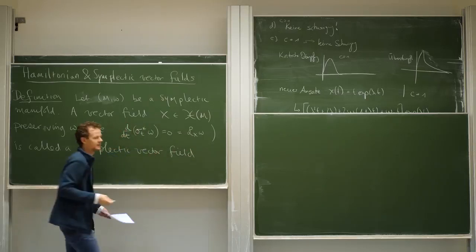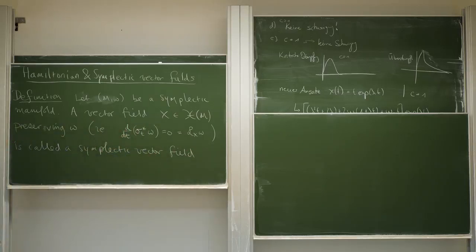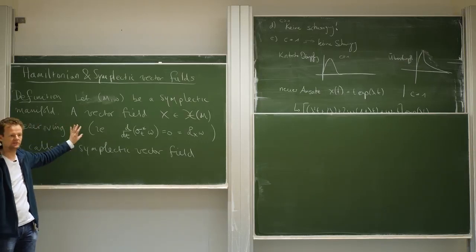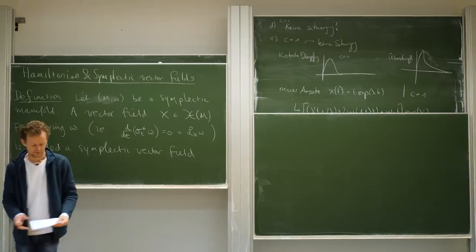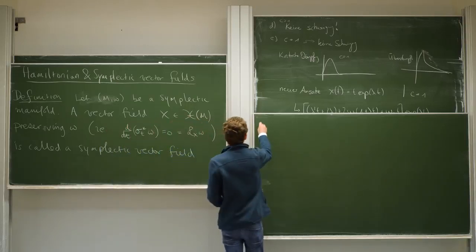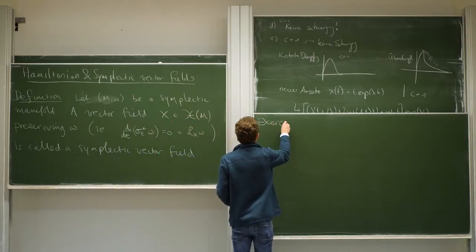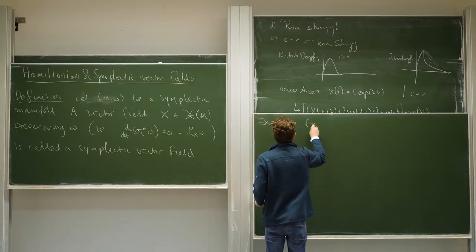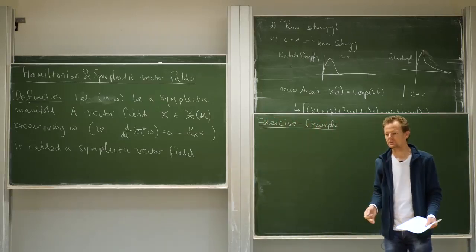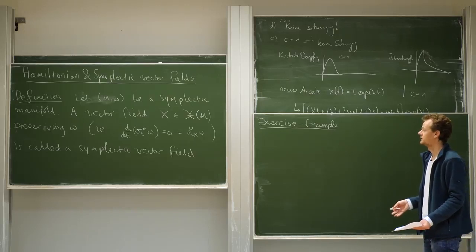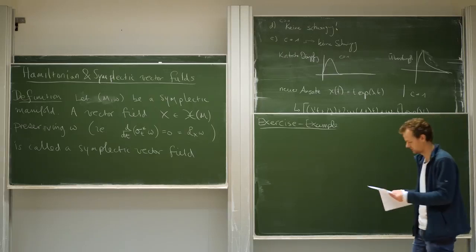Now in the previous lecture we spoke about Hamiltonian vector fields. And we're going to see that Hamiltonian vector fields give examples of symplectic vector fields, but not necessarily vice versa. Here's an example, more in the form of an exercise, to illustrate a large class of manifolds which give us symplectic and Hamiltonian vector fields.